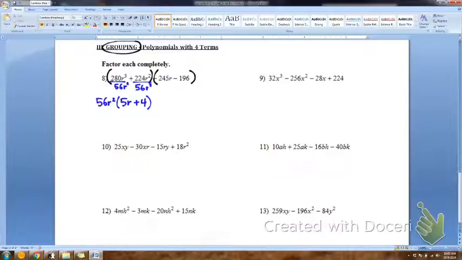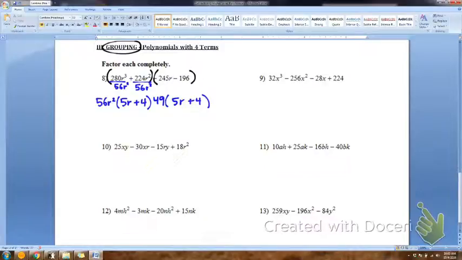Now, the trick is, what do we need to divide the 245r and 196 by? Well, we want to get this number to be a 5, right? Actually, let me put it down like this. We want this to become a 5r so that it matches. So in order for us to figure out what we need to pull out to get a 5, we can divide 245 by 5. That gives me 49.